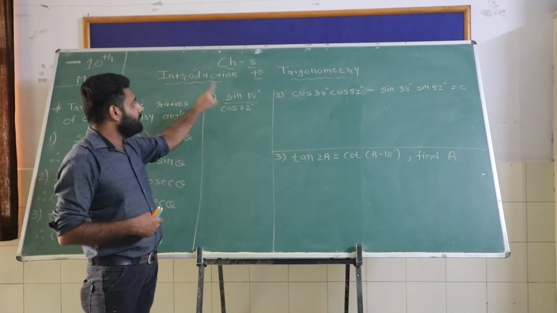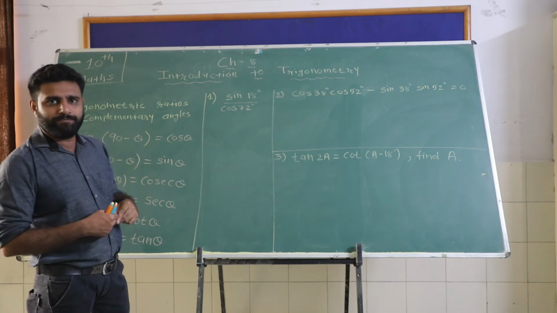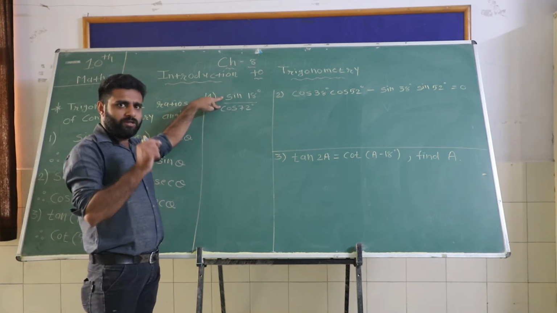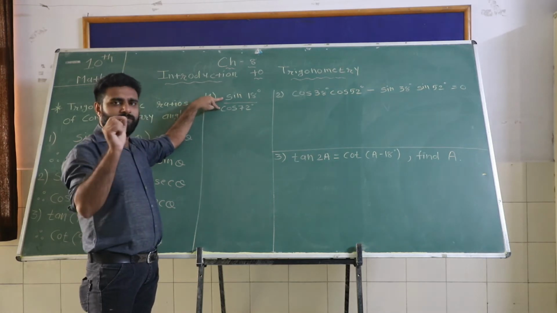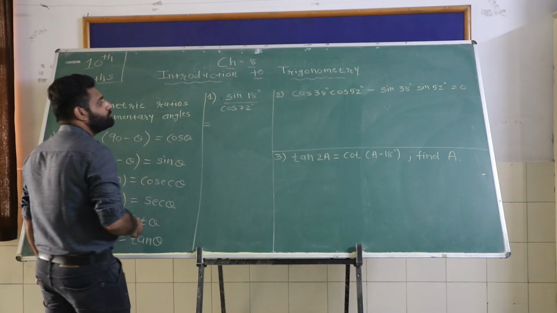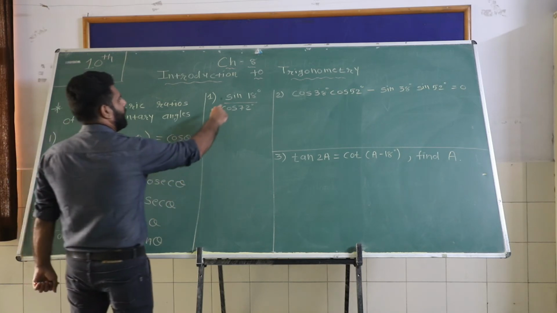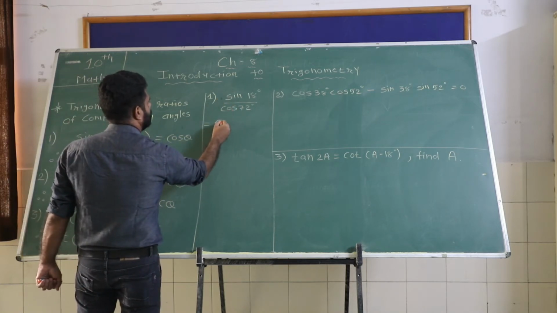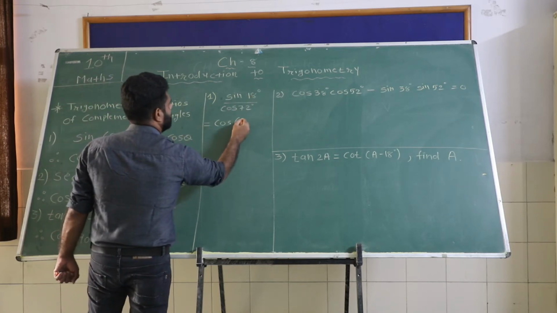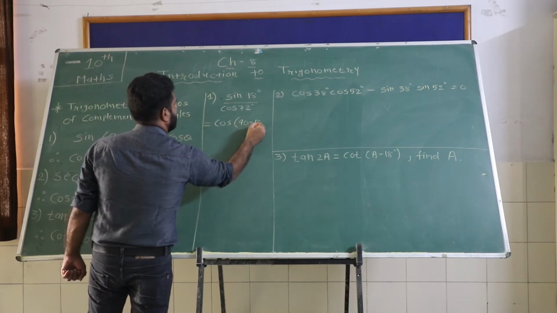You want to find the value of this. Let's change one of them. Don't change both, only change one of them. What I am doing is converting sine into cos, so here it will be 90 minus 18.